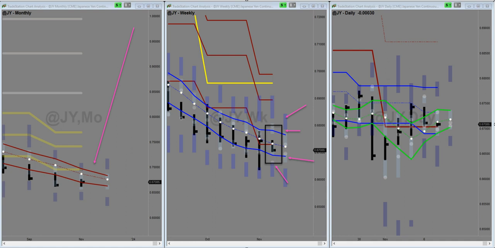And on the daily chart, you can see that the weekly PL dot held again, and is pushing down. And now the bar forming for Tuesday is underneath the PL dot, so we're expecting a little bit of push down, but there's also all this support down here: monthly envelope bottom, weekly envelope bottom, and daily envelope bottom.